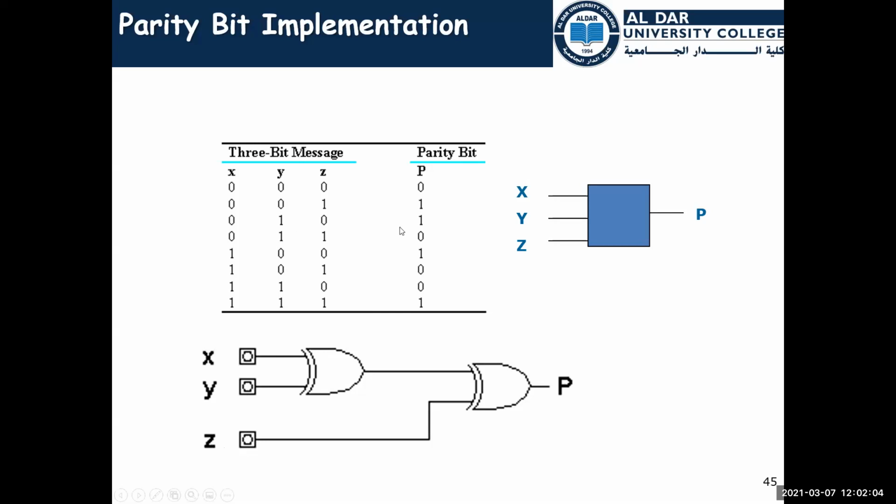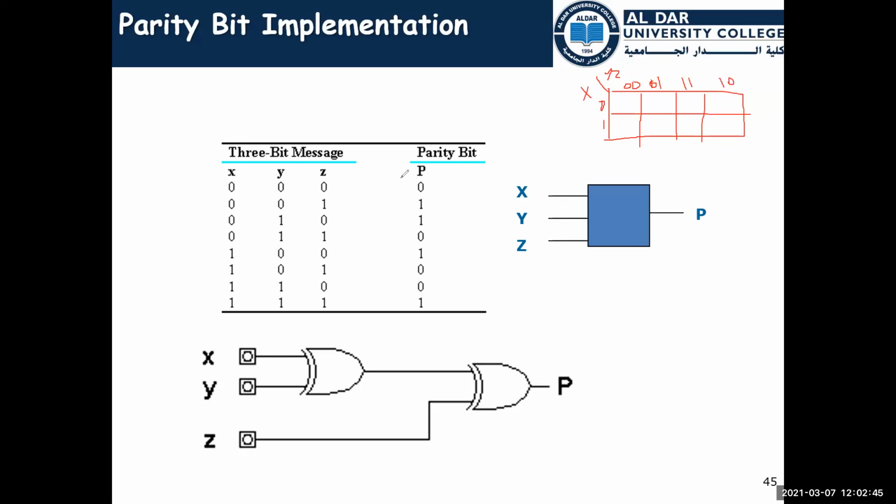Okay, let me do it by Karnaugh map. If you remember the Karnaugh map, as Hanin said, you have to count starting from zero, not from one. So we have here X, Y, Z, and here 0 and 1, and 0 0, 0 1, 1 1, and 1 0.